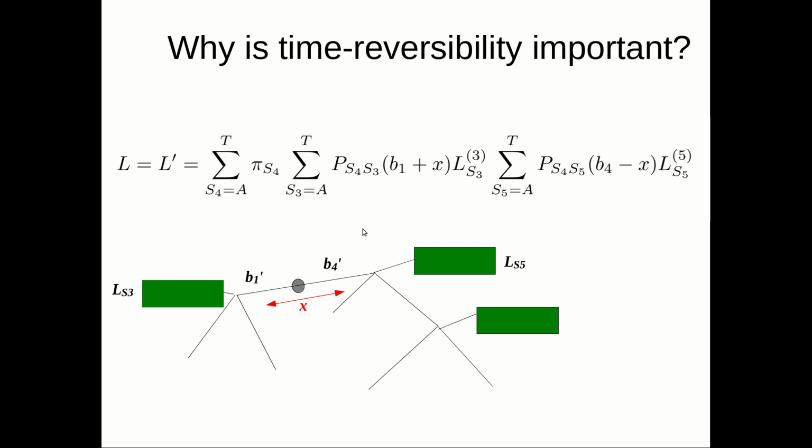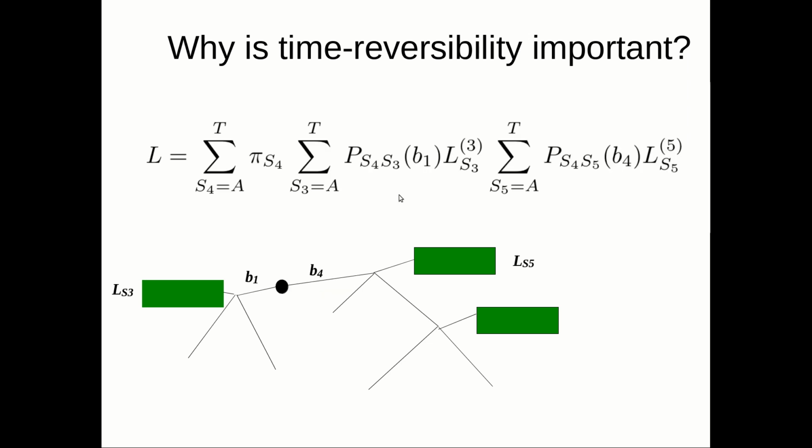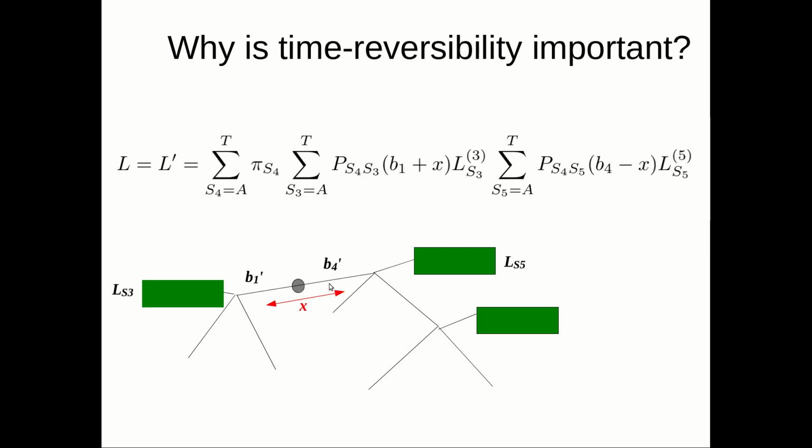So either if you bisect this branch at B1 and B4, or you bisect it at B1 prime, B4 prime, you will obtain exactly the same likelihood. The reason this is true is that it's a property of the transition probability matrix, as long as it's time reversible.